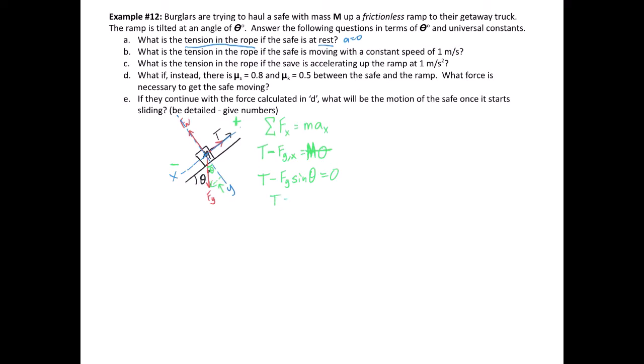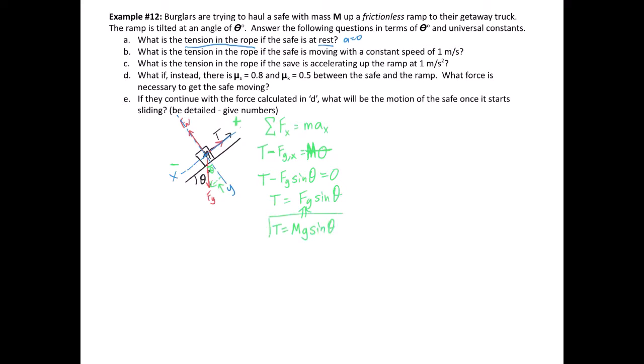I now have tension equals Fg sine theta. Fg I need to rewrite. That is not one of the things that they gave me in the problem. So I'm going to write my final answer: the tension is equal to the force of gravity, which is mass times the acceleration of gravity times sine theta. And so there we go.